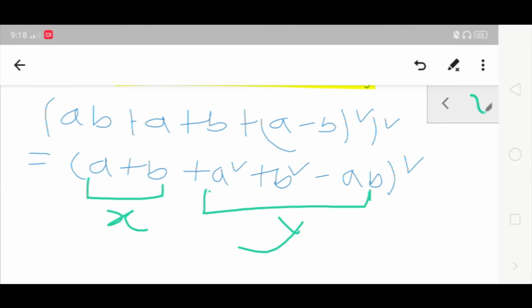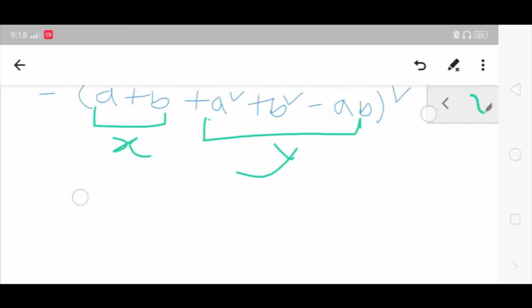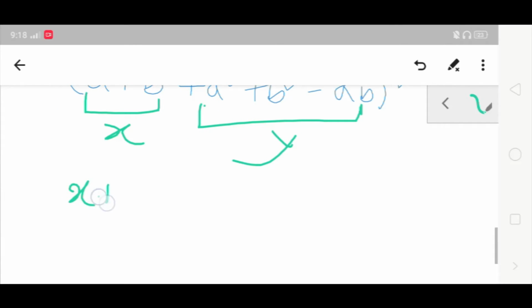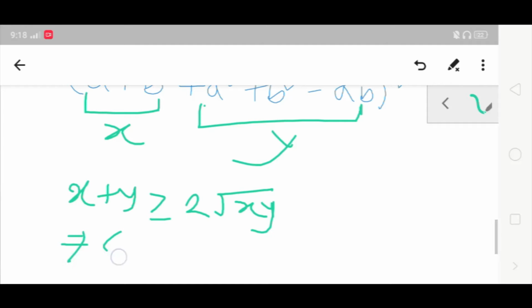Now apply the AM-GM inequality on x and y, which should give us x plus y greater than or equal to 2 root over xy, and hence we get x plus y whole squared greater than or equal to 4xy.